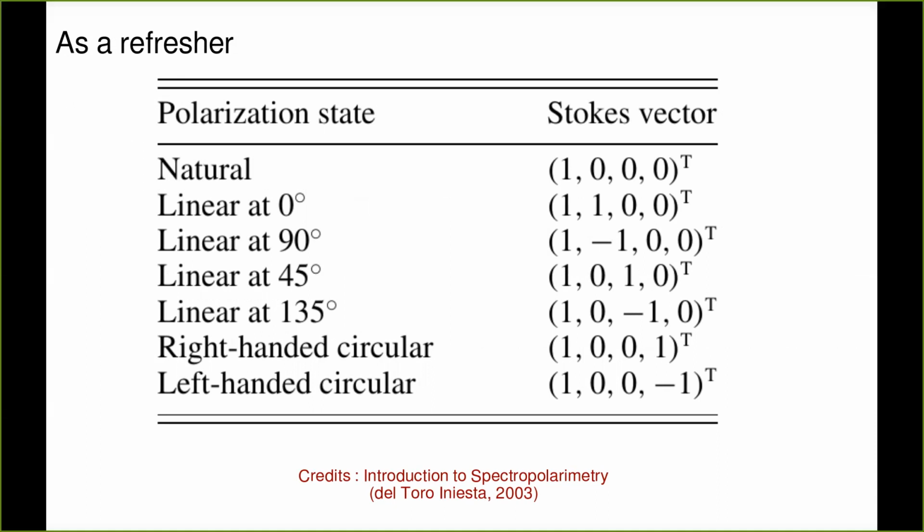This is something that you probably already intuitively feel, but this is just a refresher. A few typical completely polarized waves. Natural light is obviously not completely polarized, but this would be completely unpolarized waves. So we have some intensity, but all the other components are zero. Now this is something that we saw by now: light that is linearly polarized along x is going to be 1 and 1, along y is going to be 1 and -1.